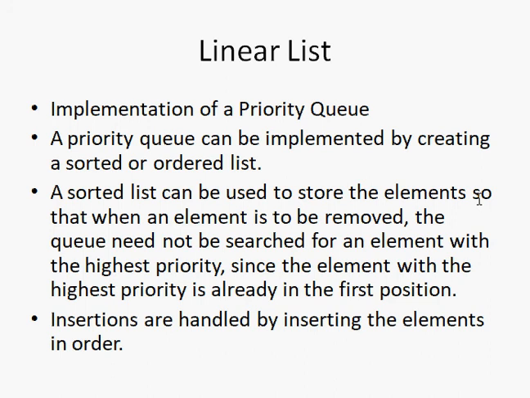If you want to delete an element, you delete the element at the front end, so the element with the maximum priority or the maximum value itself gets removed. This is how you can delete an element.